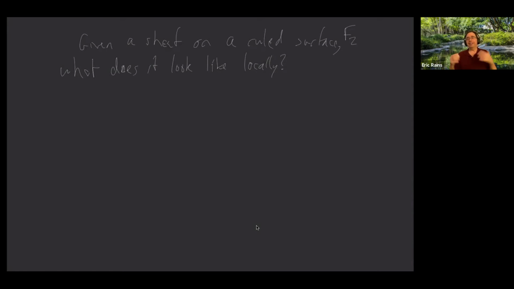Well, the point is, a typical sheaf looks like a line bundle on a curve. And moreover, if it's not a line bundle on a curve, then the support is going to have a bunch of branches. And if we split it up into branches, we can reduce to the case where it's an irreducible curve.